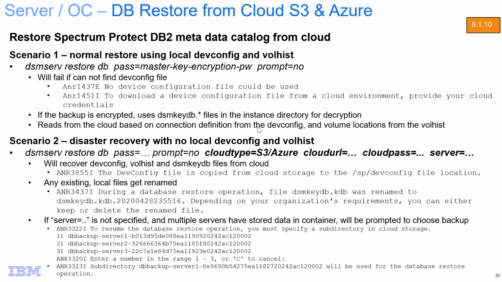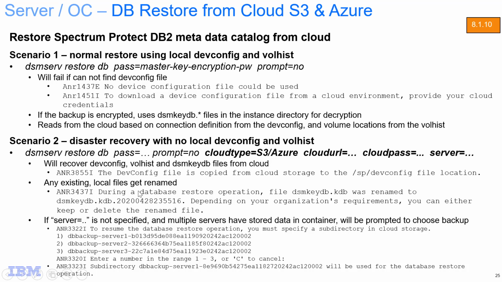If you had a complete disaster and not only did you lose your Spectrum Protect database, but also the volhist and devconfig files, then you'll want to specify the cloud type, the cloud URL, the cloud password, and maybe even the server name when you do this DSM serve restore. And so this will recover your devconfig, volhist, and DSM key database files from the cloud.